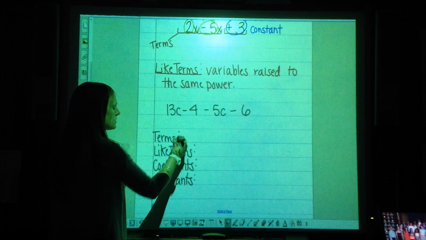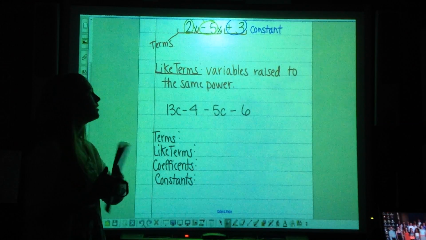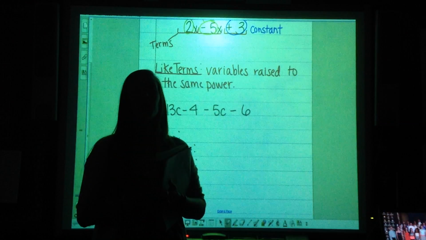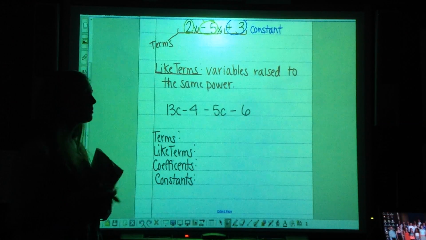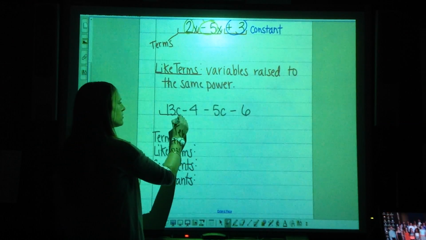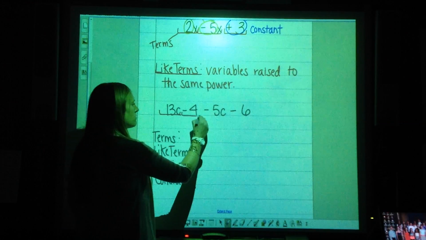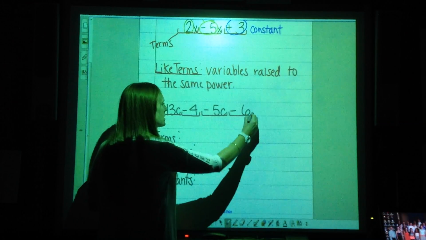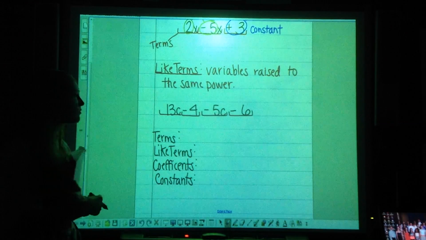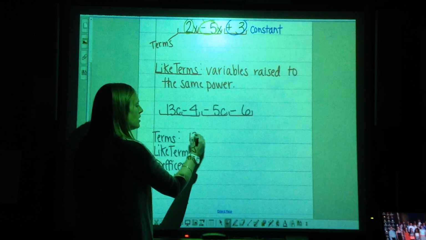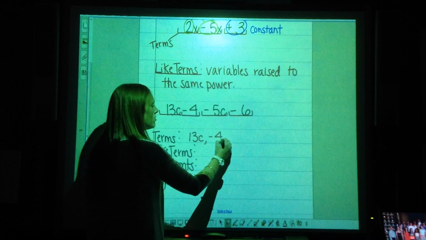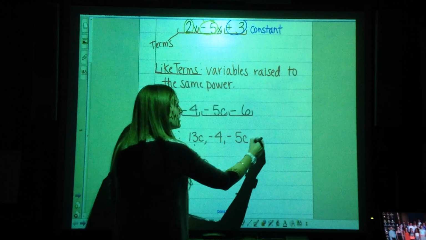So I'm just going to list them out. As I stated before, terms are separated by operation. So here I have a 13c, a negative 4, a negative 5c, and a negative 6. This expression has four terms, and I'm just going to list them: 13c, negative 4, negative 5c, and negative 6.